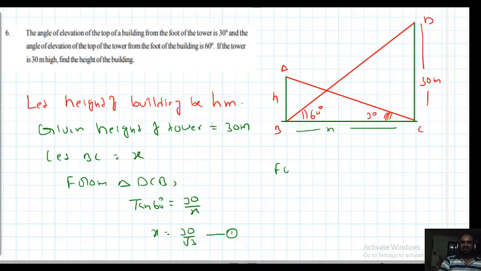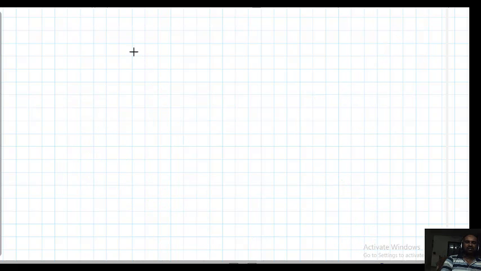From triangle ABC, tan 30 equals h by x. 1 by root 3 equals h by x. You want h, so h equals x by root 3.